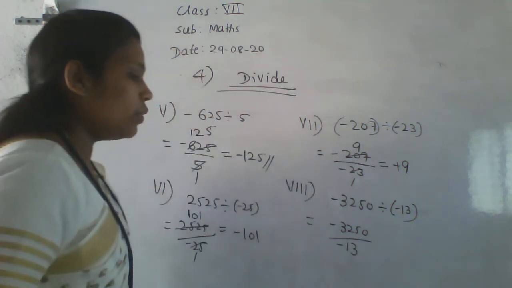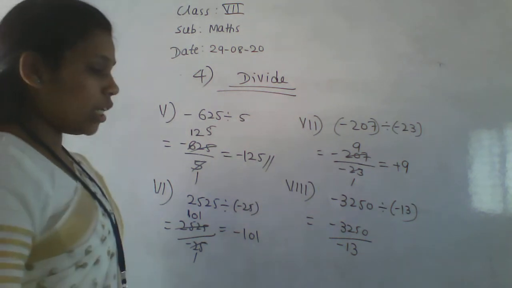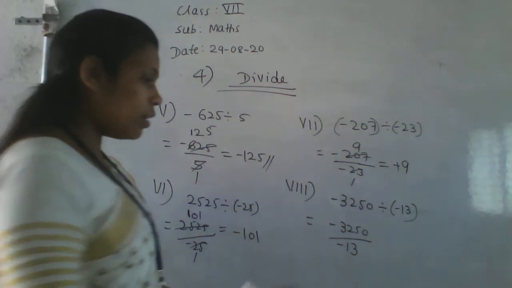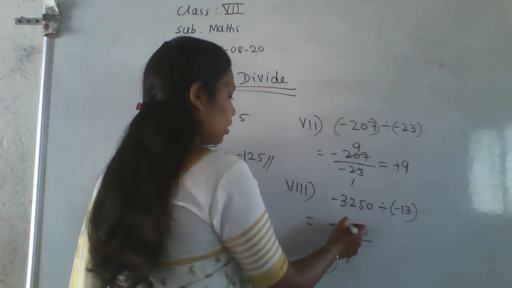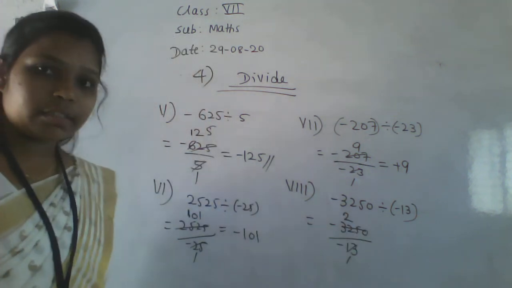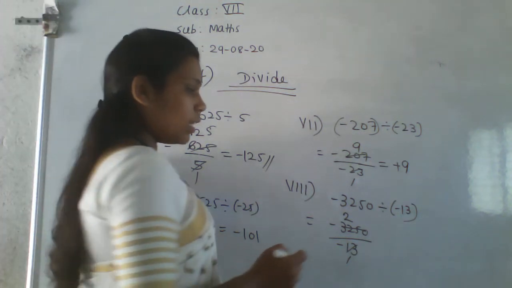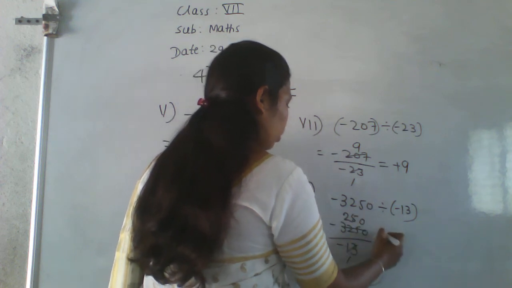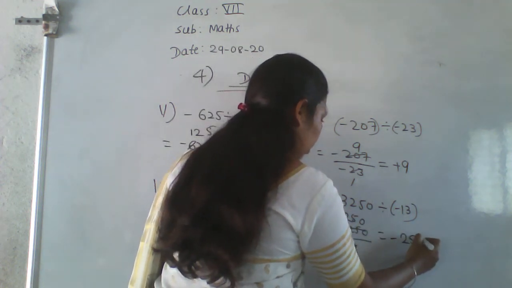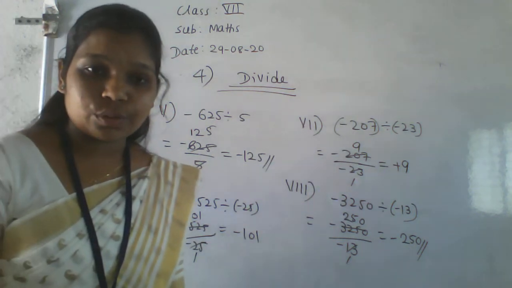Okay. 13 ones are 13, 13 twos are 26, 13 threes are 39. So we can't take that. 13 twos are 26. 32 minus 26 is 6. We are left with the... So 13 5s are how much? 13 5s are 65. So the answer will be minus 250.